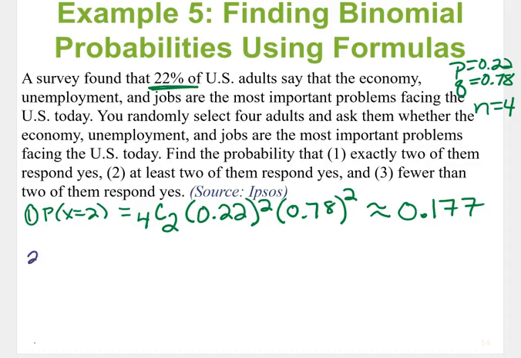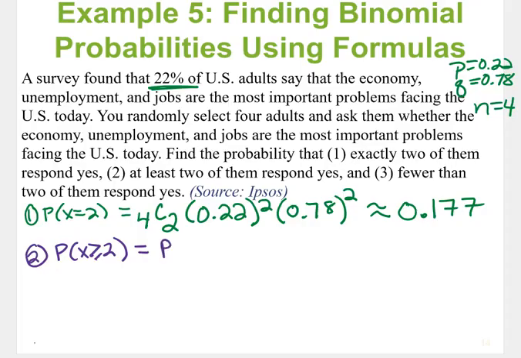All right, part 2 says find the probability that at least 2 of them. So we need to find the probability that X is at least 2. Now, this will be a little bit more difficult. At least 2 should be equal to, all right, so that means we have to find the probability of 2, the probability of 3, and the probability of 4.